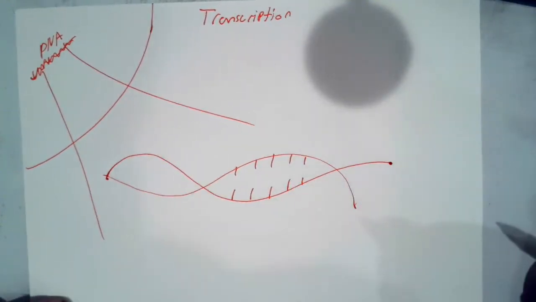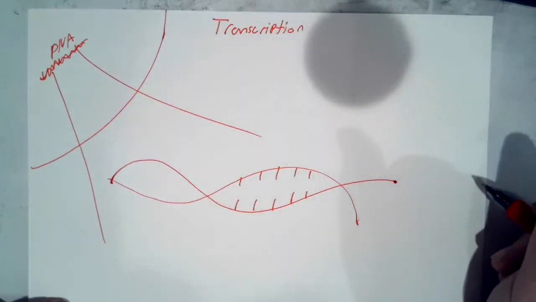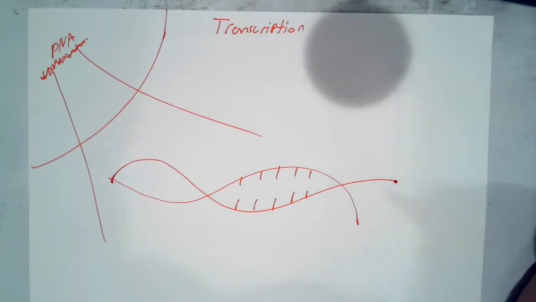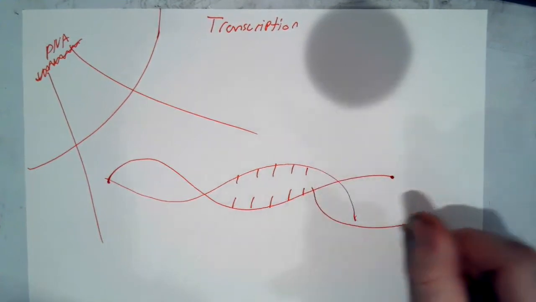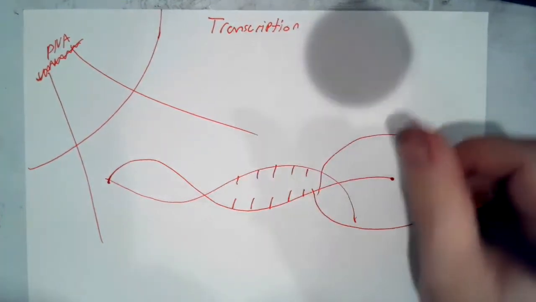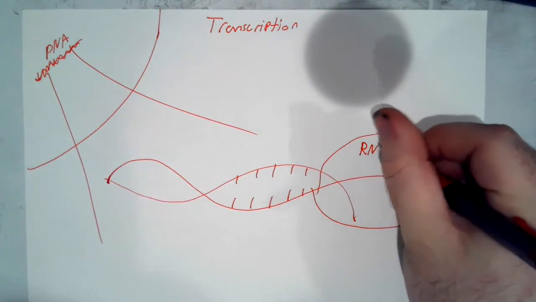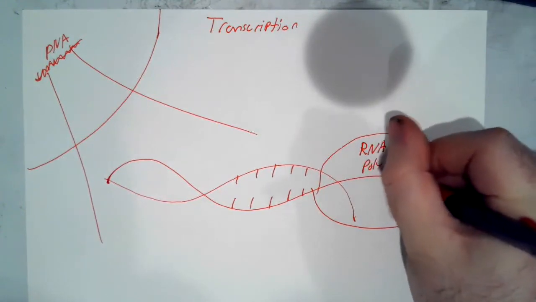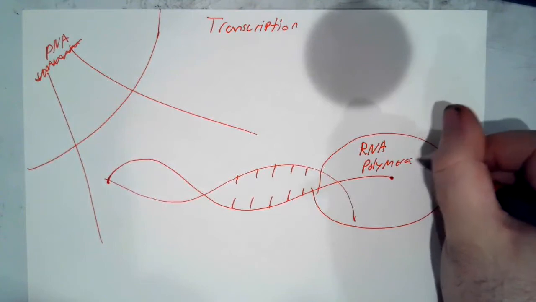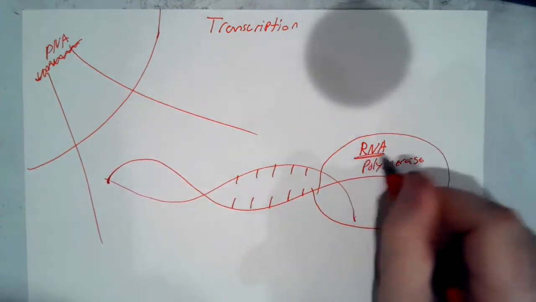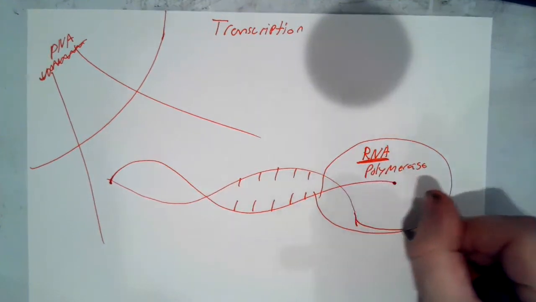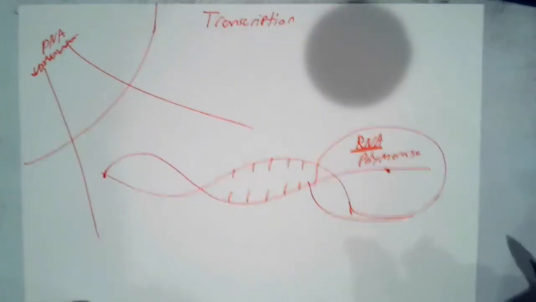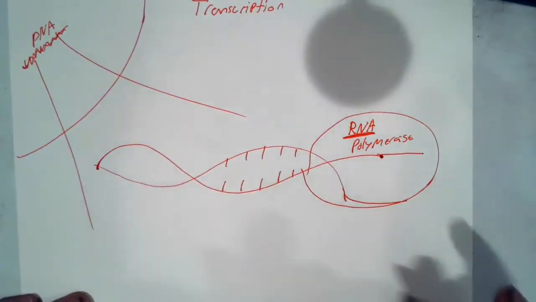And now I want to make mRNA. If I want to make RNA, what enzyme do I use? Hopefully you're at home screaming at your computer saying, yeah, you use RNA polymerase. RNA polymerase, just like the last one. Well, what is the RNA polymerase doing? It's making one strand of DNA.